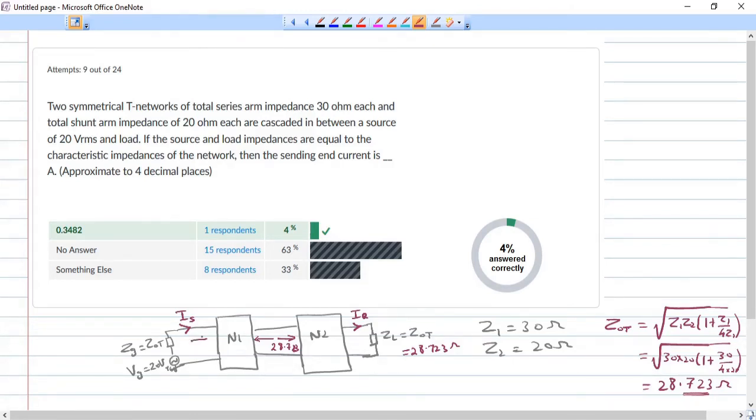So the total impedance seen from the source end is also equal to 28.723 ohm. Also this impedance Zg is equal to the characteristic impedance of each of these networks, so this should also be equal to 28.723 ohm. Okay.